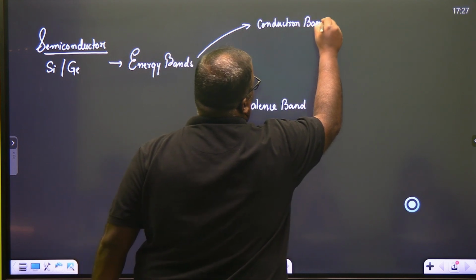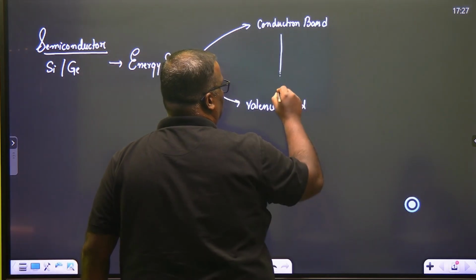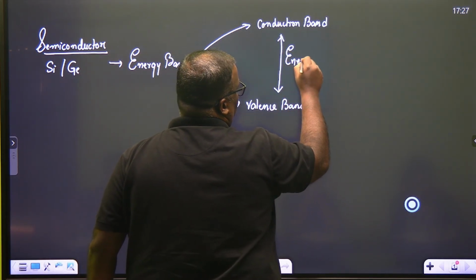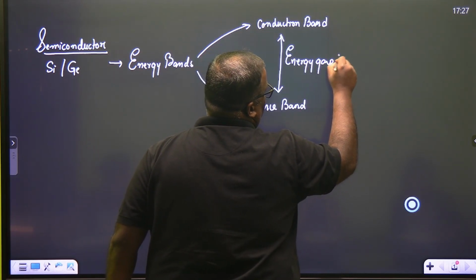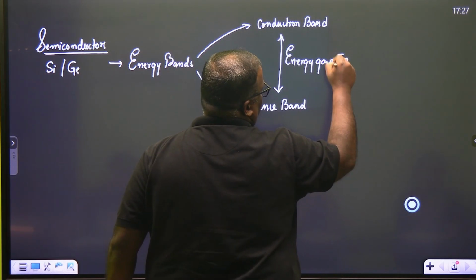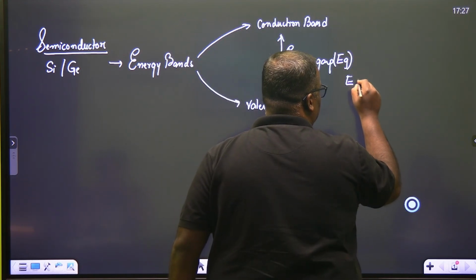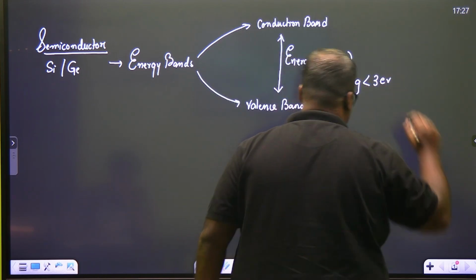Anything that you find is not making sense to you, do not hesitate, please do ask me. And there is always an energy gap between these two, which is known as the energy gap or forbidden gap, and this is known as Eg. For semiconductors, this Eg is less than 3 electron volt.